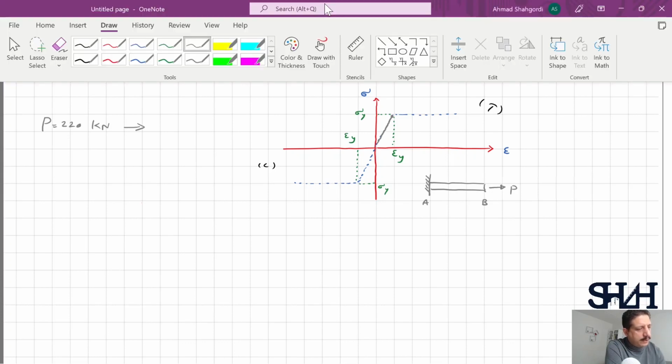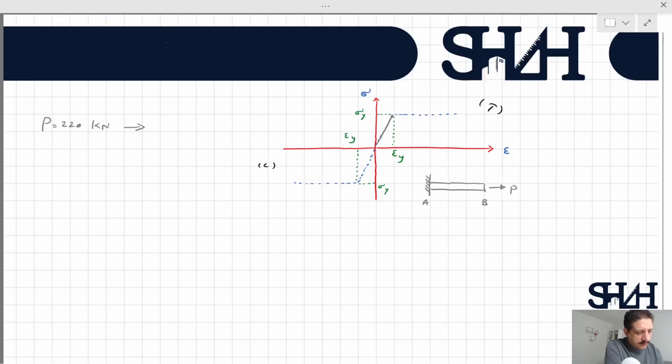And now I apply another load in the other direction as a reverse loading. As far as it was not yield with the force P, it starts to come back to its original position.